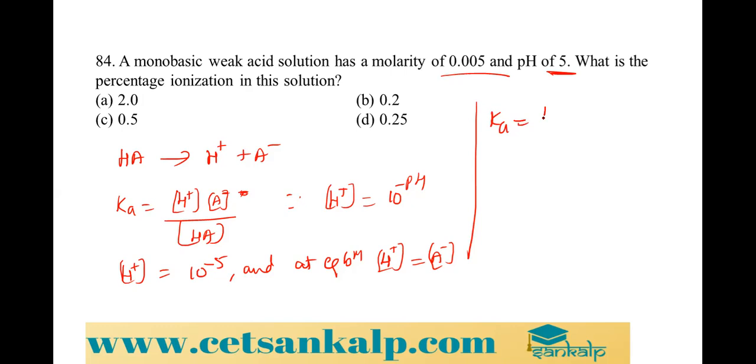Ka is equal to 10 to the power of minus 5 into 10 to the power of minus 5 whole divided by 0.05. That is equal to, how much is it coming, 2 into 10 to the power of minus 3, the Ka value.